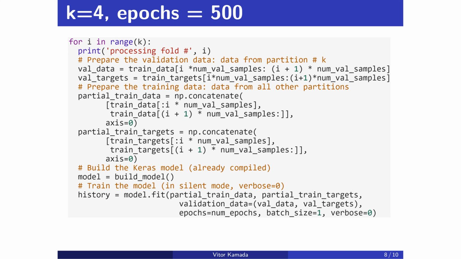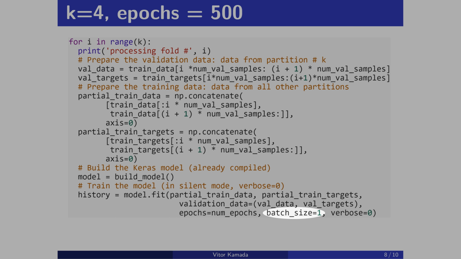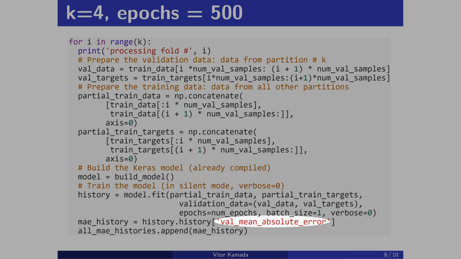Why calculate the gradient over just one observation? Usually small batches are better than big batches. We only use big batches if you don't have computational power. It is counterintuitive, but calculating the gradient over just one observation is very noisy, but this noise helps for non-convex optimization problems. And finally, let's save the mean absolute error, the variable that we care about.